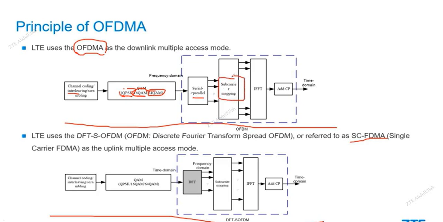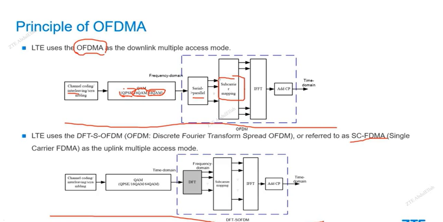Here, you should know the subcarrier in LTE is in the frequency domain. For example, if your bandwidth is 20 megahertz, you can only use 18 megahertz. The 18 megahertz is divided into several subcarriers, and each subcarrier is 15k hertz.